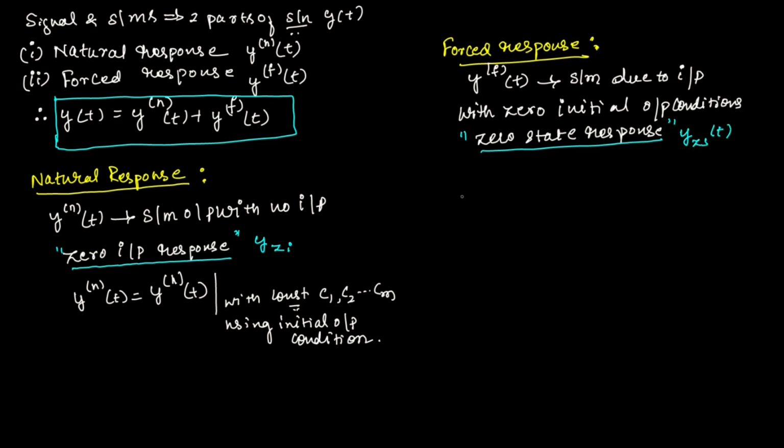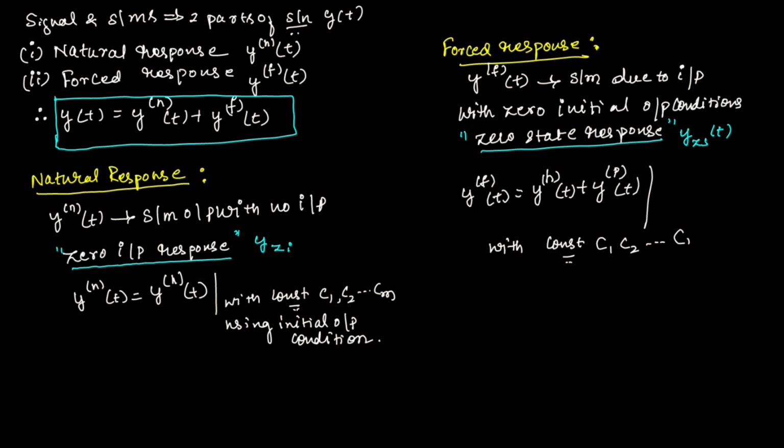So we can obtain the forced response yf of t from yh of t plus yp of t with constants c1, c2 and so on up to cm evaluated using initial output conditions.